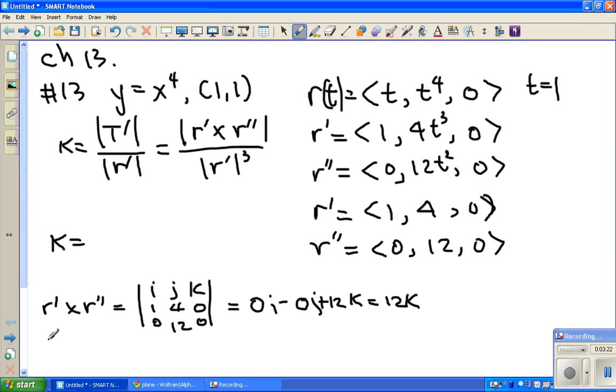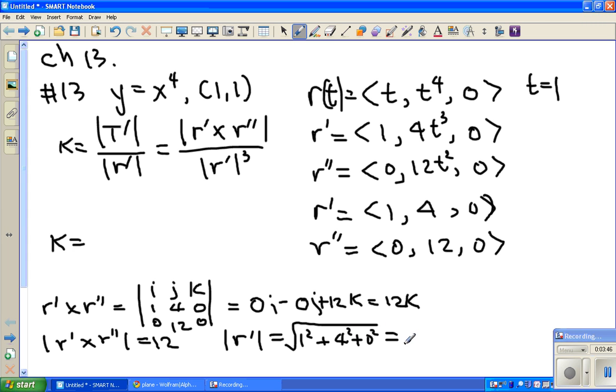And this makes it easy to find that the magnitude is equal to 12. Now, how about the magnitude of r prime? It is the square root of each component, 1 squared plus 4 squared plus 0 squared, which is the square root of 17. And I believe we can easily find the answer now.